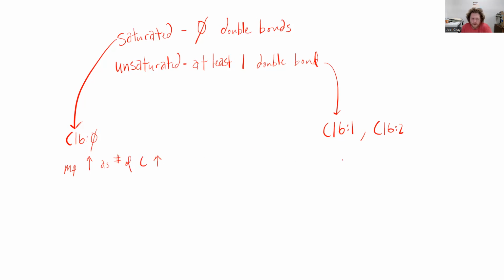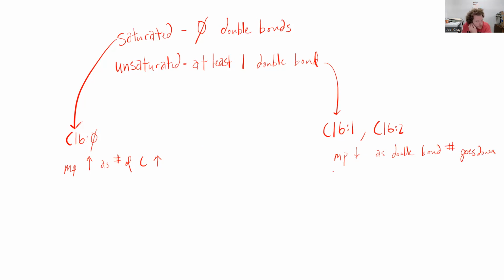The same is true for an unsaturated fatty acid. However, as the number of double bonds increases, the melting point goes down.